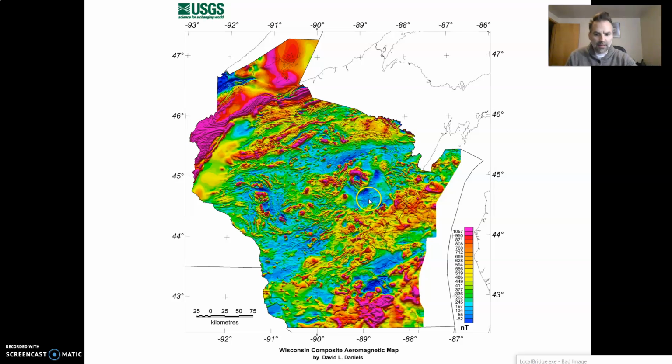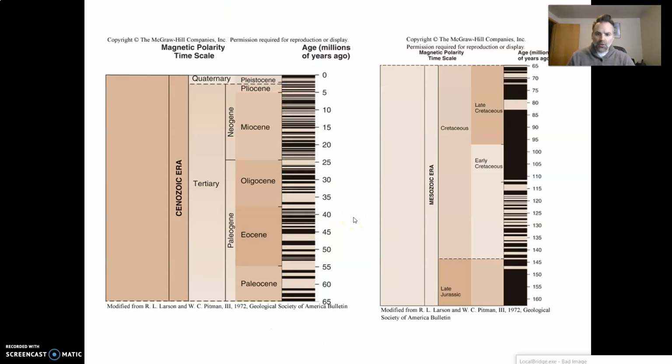But this just shows the magnetic field strength. So here's a sequence showing the magnetic polarity, and showing the Quaternary is the period that we're in, and it goes all the way back to the late Jurassic. And we can look at this is an age in millions of years. It goes all the way back to, what is it? Looks like 100.